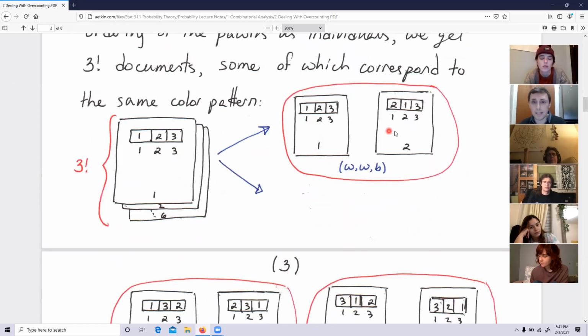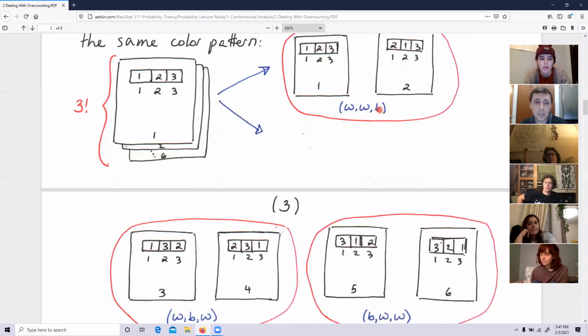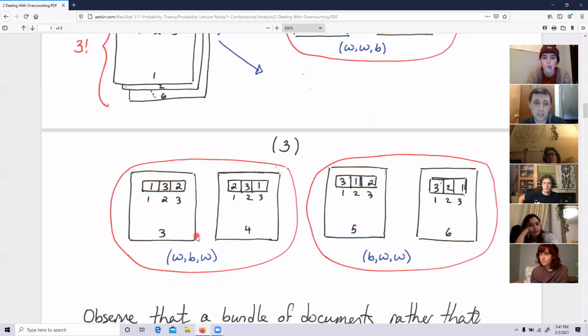So there are exactly 2 different codes, the codes 1, 2, 3, and 2, 1, 3, that represent the same outcome, right? I don't distinguish between them. So those 2 documents are synonymous words for the same exact outcome. Now, for the outcome white, black, white, I also have exactly 2 synonyms. If black is in the middle, all that I have to keep track of is that the number 3 is in the middle.